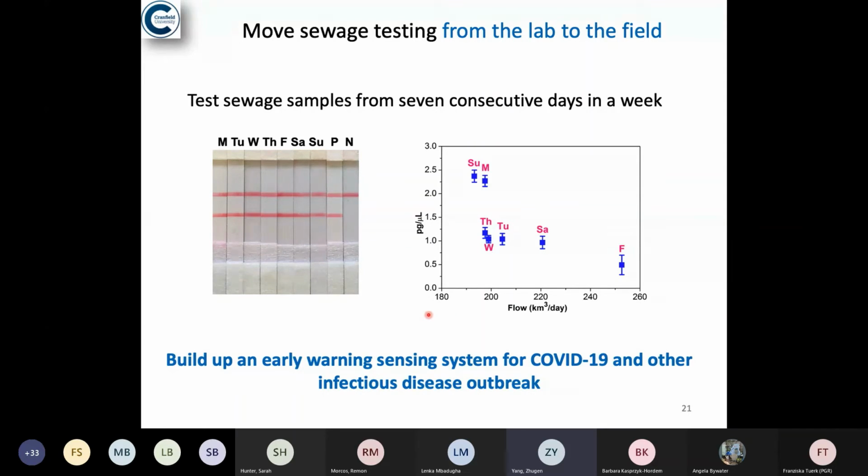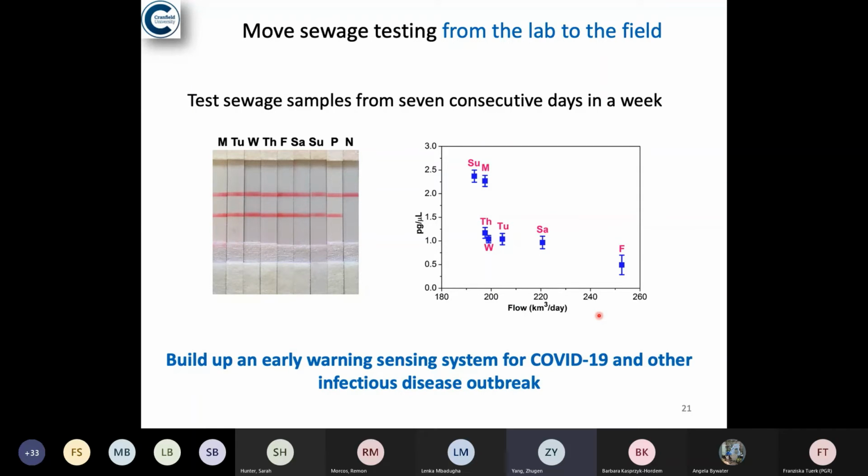As you can see, as the flow meter reading increases, the concentration decreases. This is because the local population is fairly constant, so the shedding of the RNA does not rise very much.